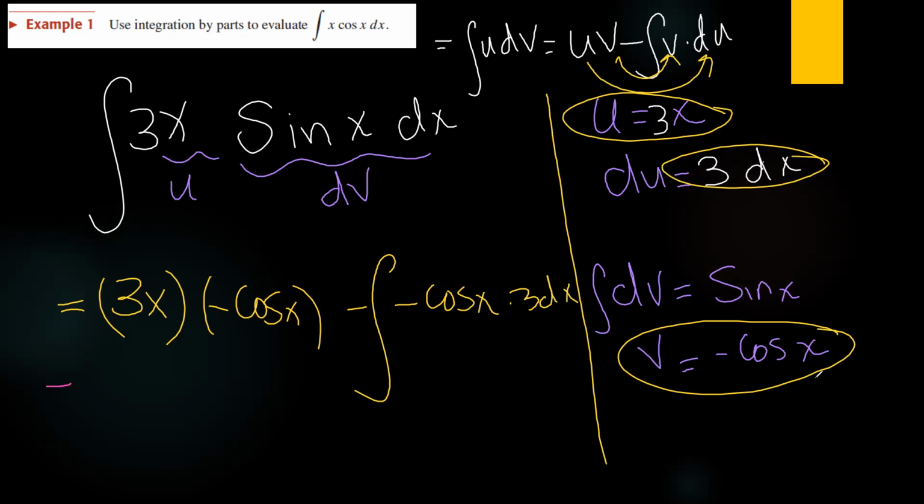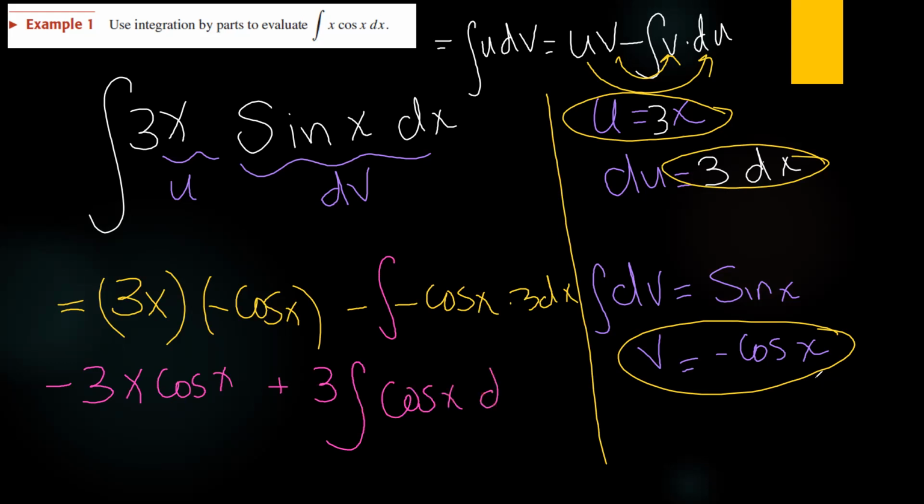Then let's rewrite it as negative 3x cosine x plus 3 times the integration of cosine x dx. Here now we have an integration of cosine. I will continue.